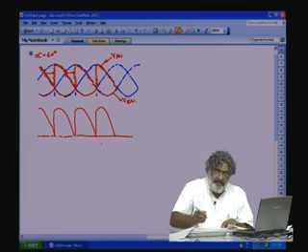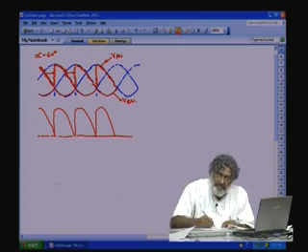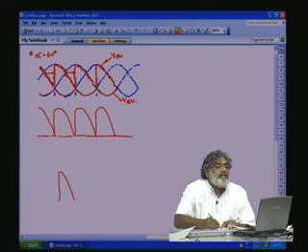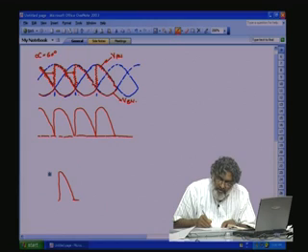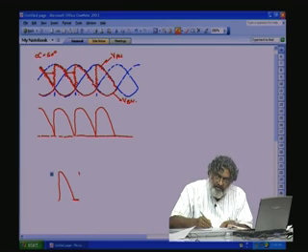Now let us say alpha is equal to 90 degree. You can draw it. Then the ripple will be like this. At alpha is equal to 90 degree, this portion goes negative. The moment it goes negative, the thyristor and the diode will act as a short circuit. So they are discontinuous. That means the output is shorted, equivalent to putting a freewheeling diode.